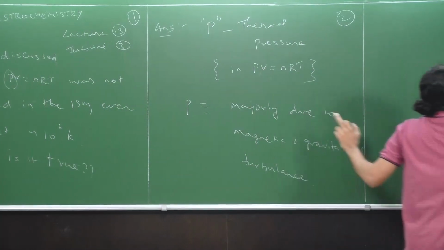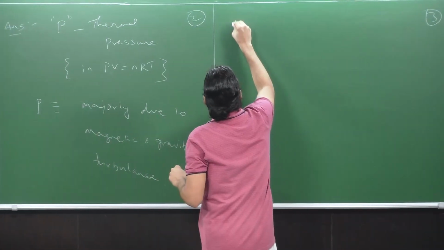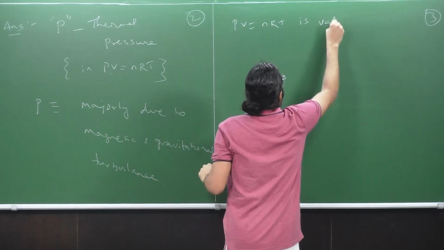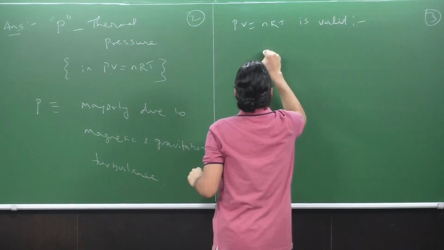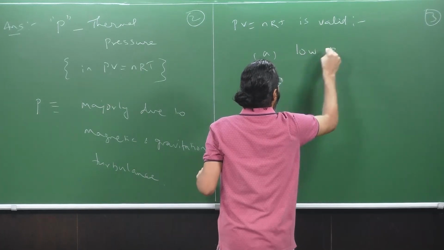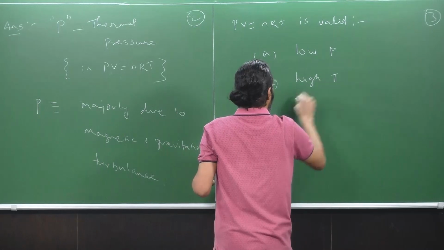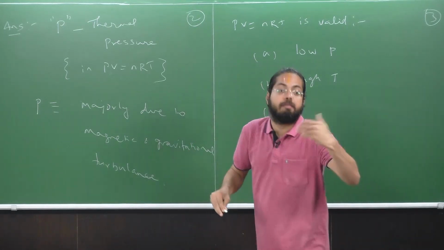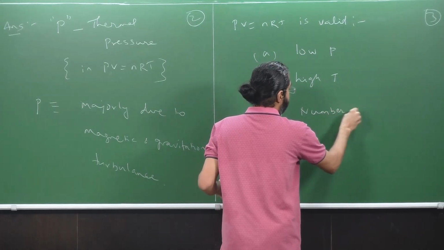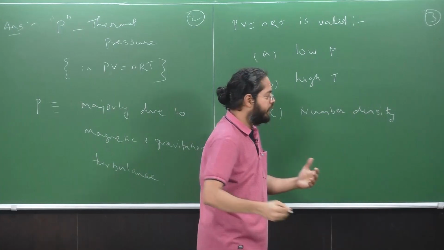PV equals nRT is valid at A, low pressures, B, high temperatures, and C, the number density should be sufficiently high.